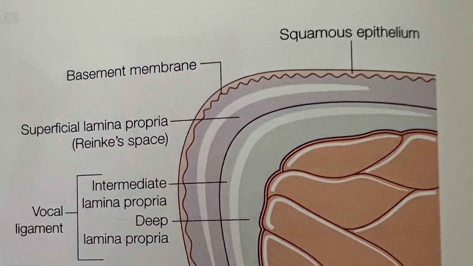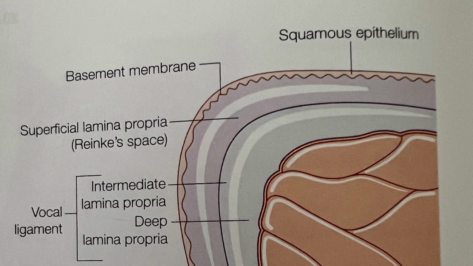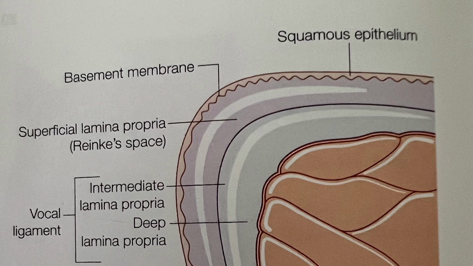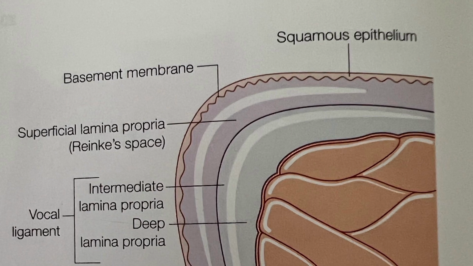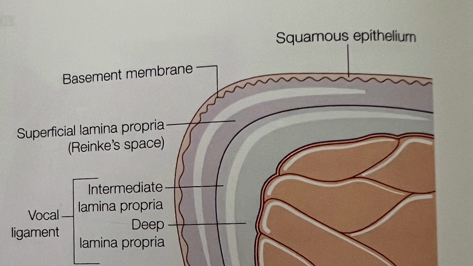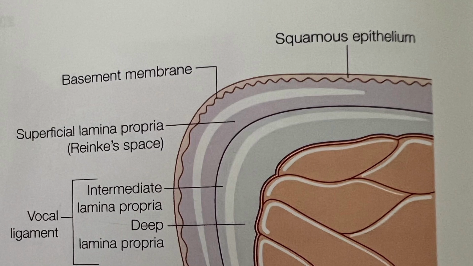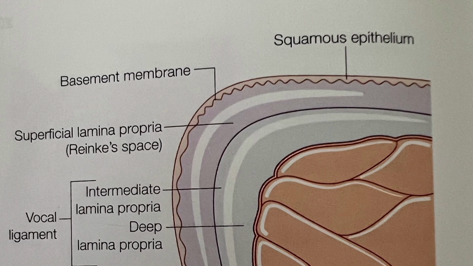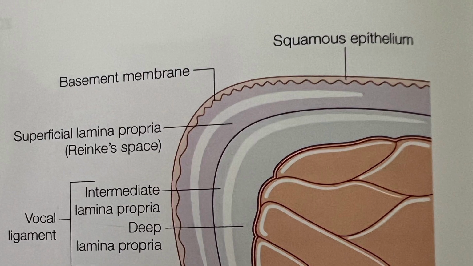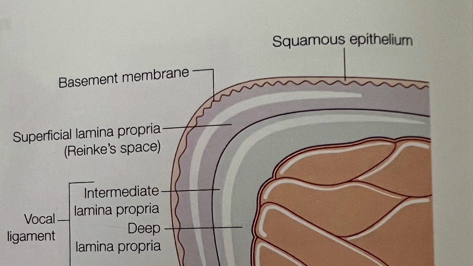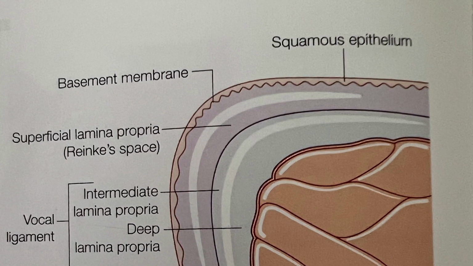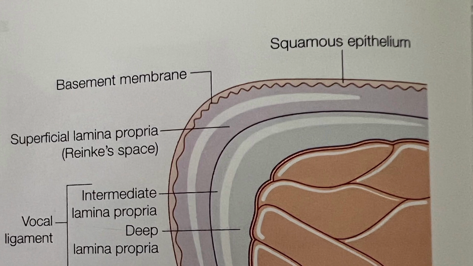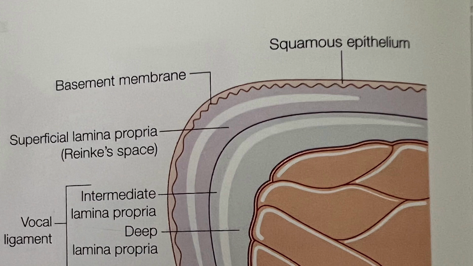The vocal ligament is made up of the intermediate and deep lamina propria. So what is the vocal ligament? It lies deep to the superficial lamina propria. The lamina propria has three parts: superficial, intermediate, and deep. Between the superficial and intermediate parts of this lamina is the Reinke space.